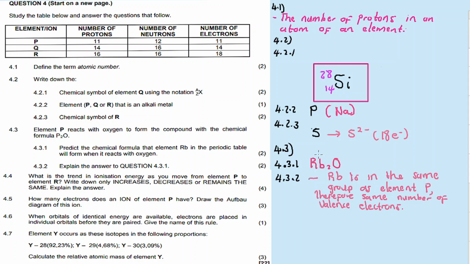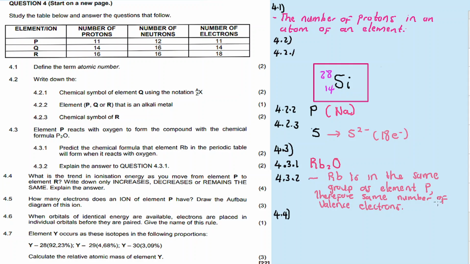Since Rb is a metal and oxygen is a non-metal, a metal has the ability to lose electrons, and oxygen, as a non-metal, has the ability to gain electrons during a reaction. So 2 Rb lose electrons, and those 2 electrons are gained by oxygen.